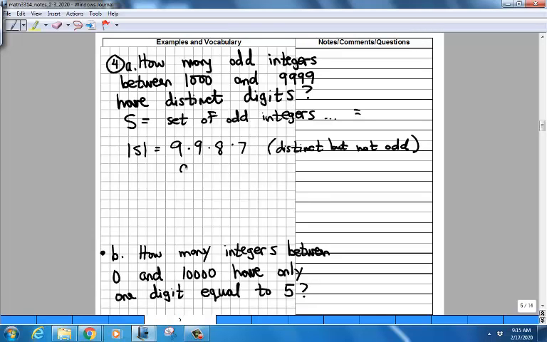Here I have 9 choices, and then 9 choices, and then 8 choices, and then 7 choices, not 7, but how? Maybe 5 there for the last one.